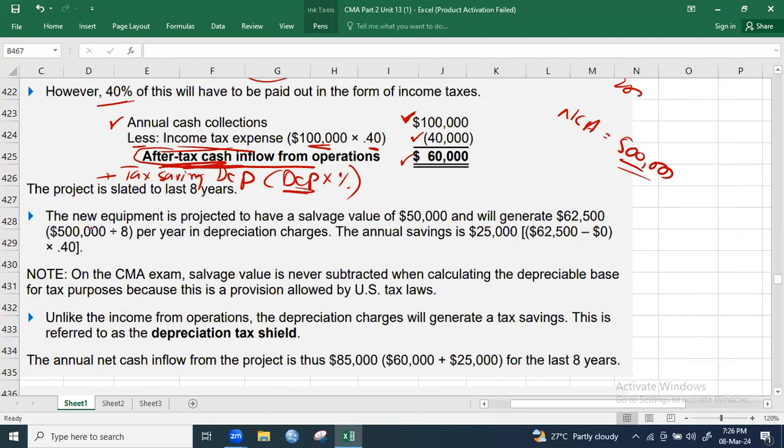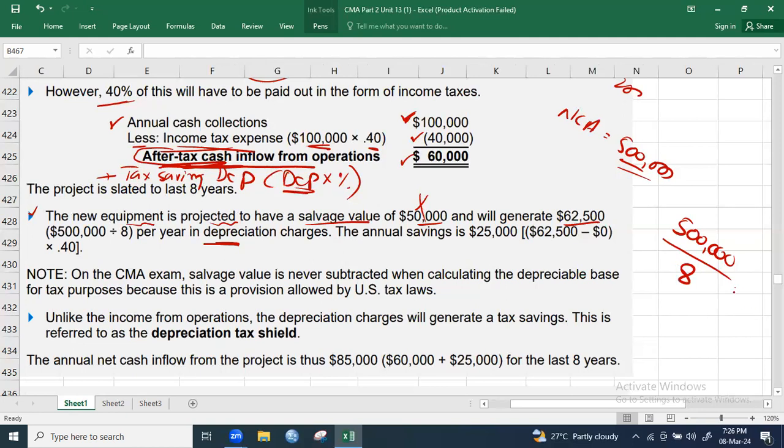So for example, let's have a look. Let's assume the new equipment is projected to have a salvage value, a residual value, of 50,000. We will ignore it, and will generate 62,500 depreciation. How did we get it? The initial investment in the non-current asset was 500,000, and we divide it by 8 years, assuming the project has an 8-year life.